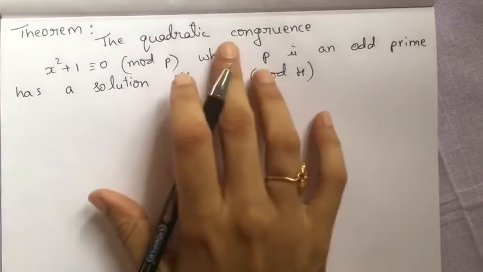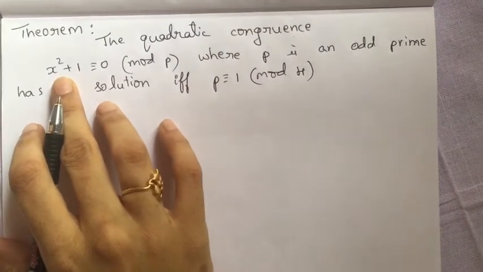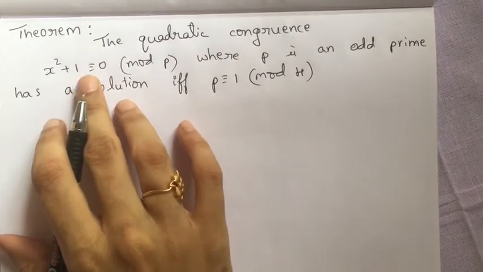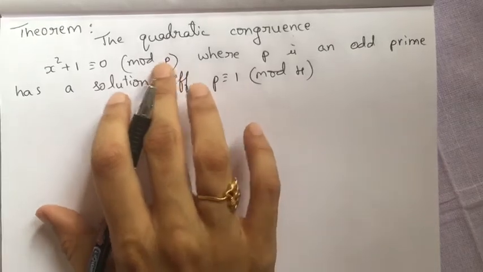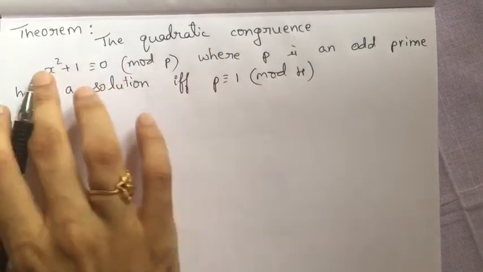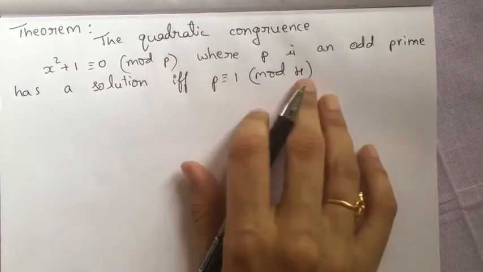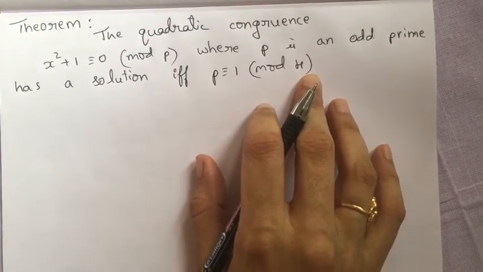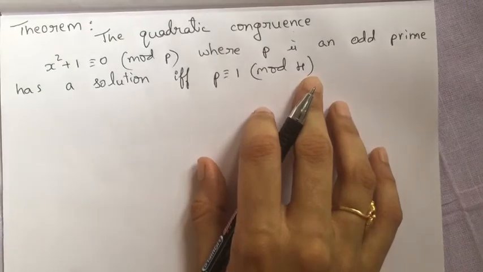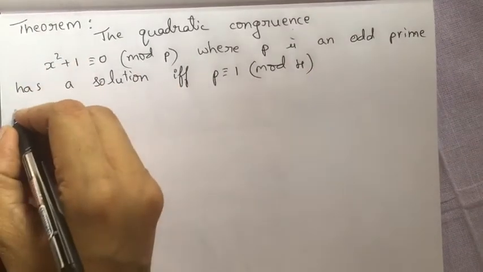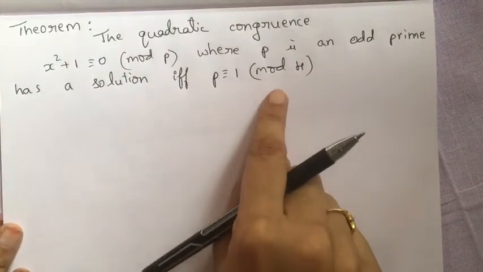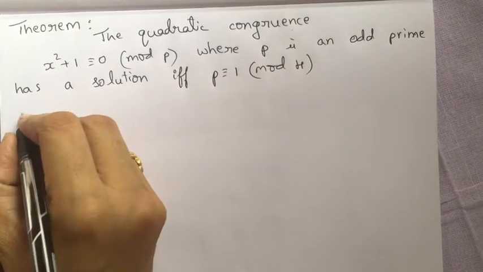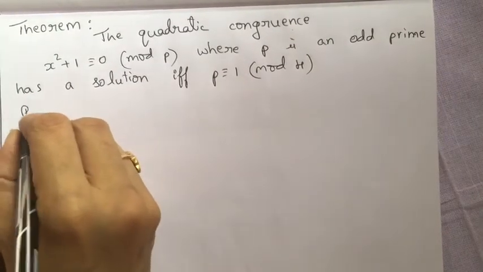The theorem says the quadratic congruence x square plus 1 is congruent to 0 mod p, where p is an odd prime, has a solution if and only if p is congruent to 1 mod 4. So let us assume that there is a solution and we'll end up saying p is congruent to 1 mod 4. Okay.